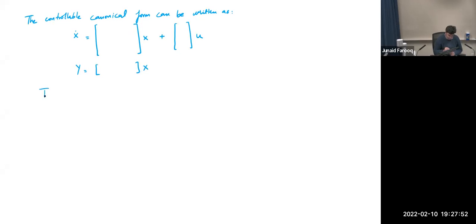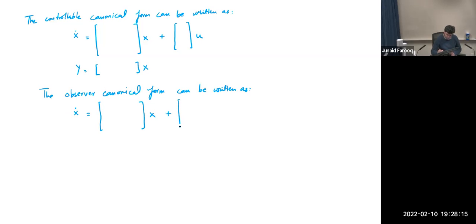And the observer canonical form can be written as x dot is something x plus something u, and y is going to be something x.